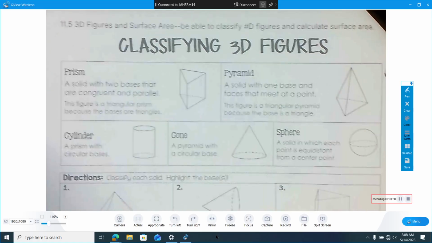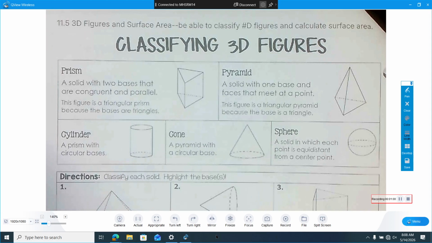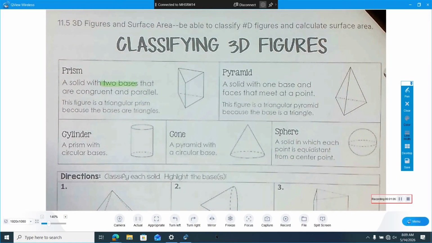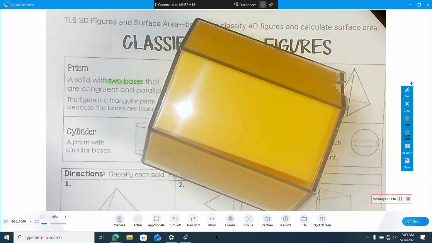So prisms have two congruent bases, and what we want to understand is that a base doesn't necessarily mean it's on the bottom, okay? If my three-dimensional object is laying this way, where are the two congruent bases?